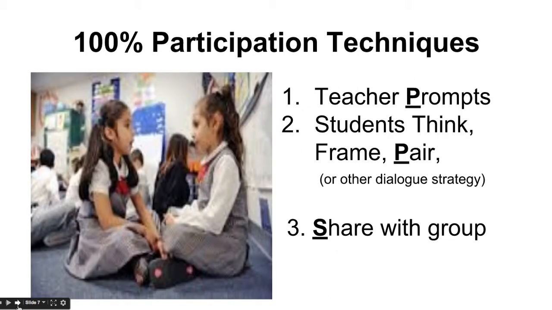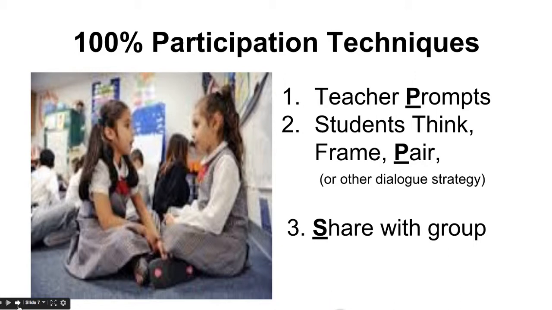There are times when teacher direct instruction and hand raising is appropriate in the classroom, and there are times when 100% participation techniques might not be the indicated strategy. However, 100% participation techniques usually involve a teacher prompting and giving some wait time to think.